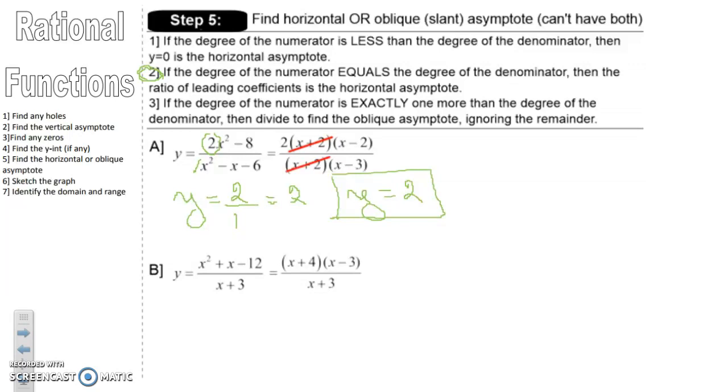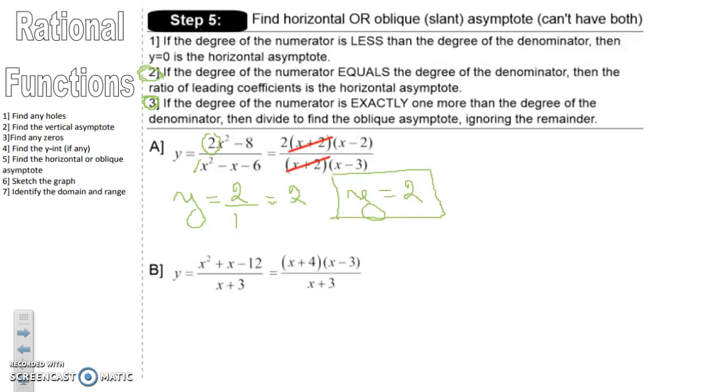Let's look at the next one. In the next one, we have a second power polynomial over a first power polynomial. Well, for problem B, we are in the third case right here. The degree in the numerator is exactly one more than the degree of the denominator. In that case, we need to divide to find the slant or oblique asymptote, and we don't care about the remainder, we just need to see what is the whole part of that division.